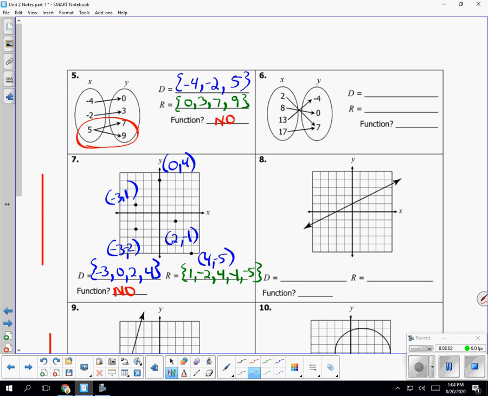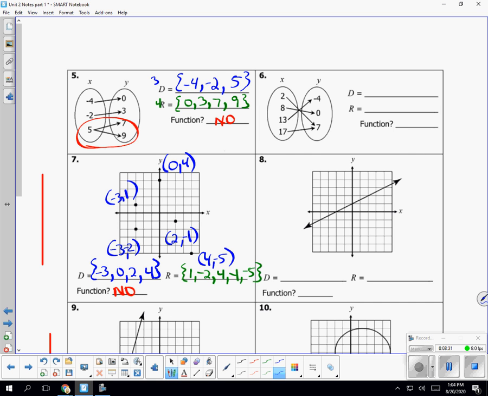Okay, so what can we notice about number 5 and number 7 that are similar when we're talking about domain and range and whether or not a relation is a function? If you look at number 5, we have 3 domain values, and then we have 4 range values. Let's look at number 7.